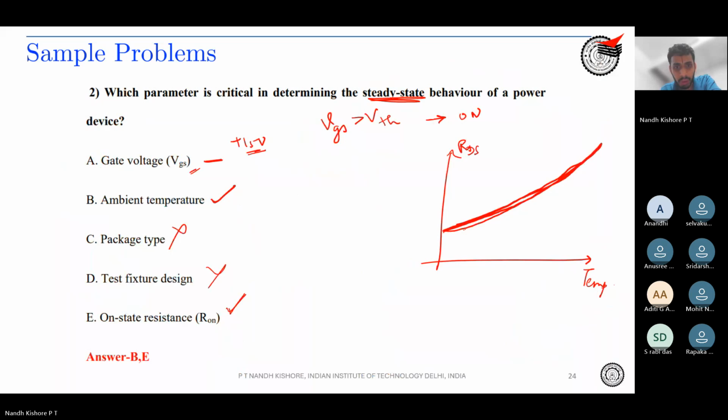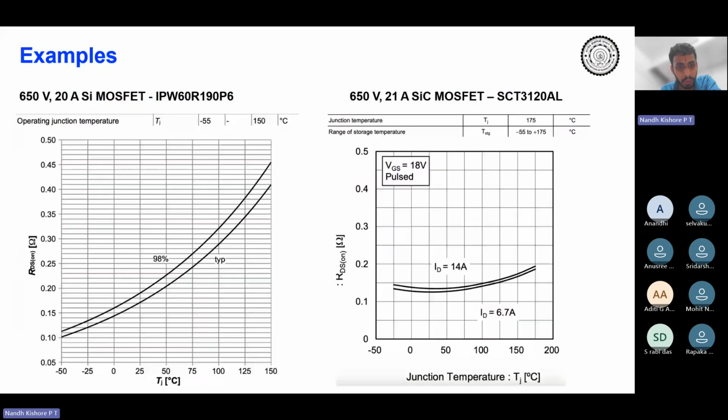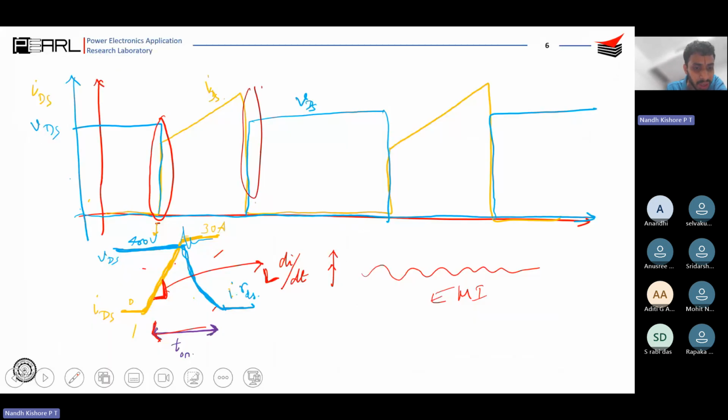For instance, I will go back to that same figure. We drew something like this, that is IDS increasing like this. This profile of increase is dictated by gm into VGS minus VTH. But during this process, your gate source voltage is also increasing, and so you will transition from saturation region to ohmic region.